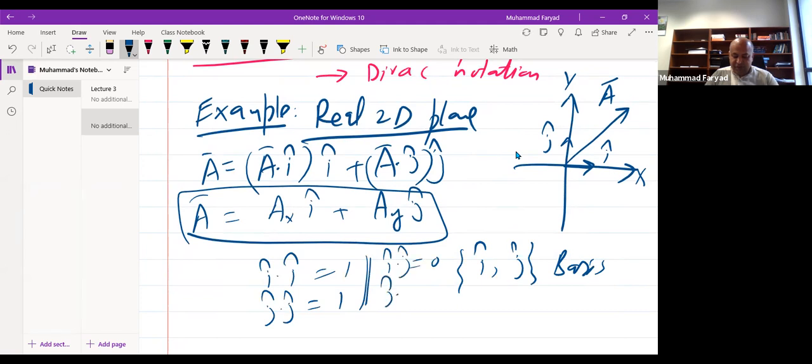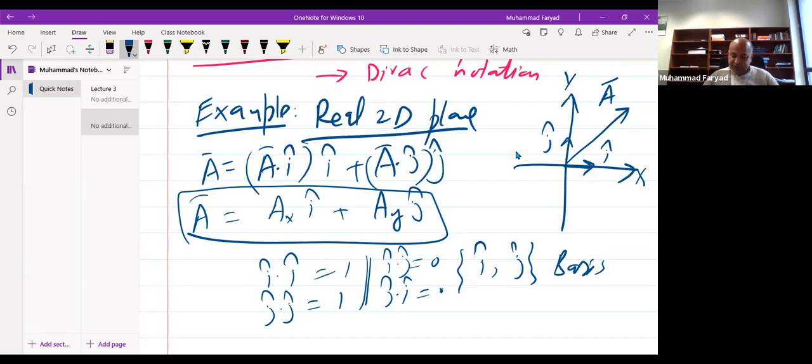Or if you take the dot product of j with i, it is 0. So it's an orthonormal set, that the vectors in the basis all have magnitude 1, and they are orthogonal to each other. In general, our basis doesn't have to be orthogonal. All it really needs is to be linearly independent. But most of the time we work with the orthonormal basis anyway.